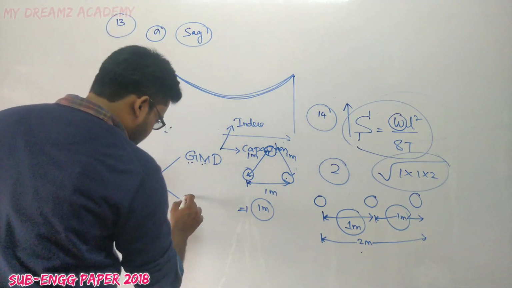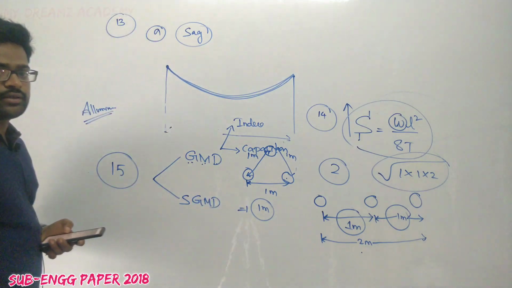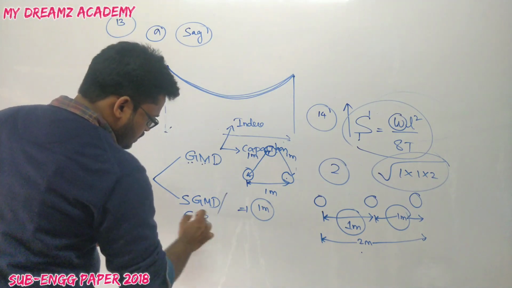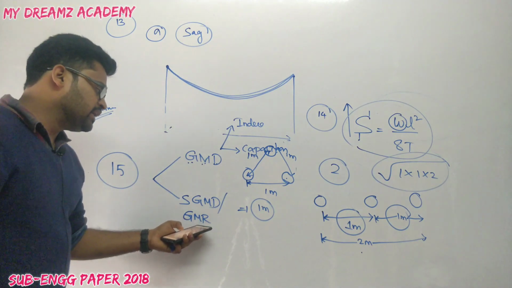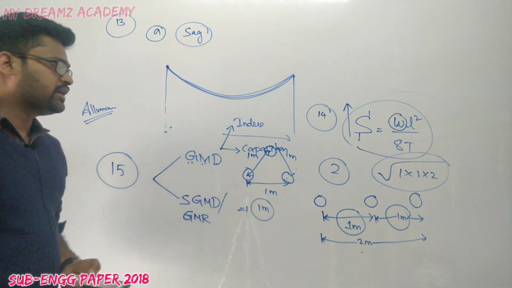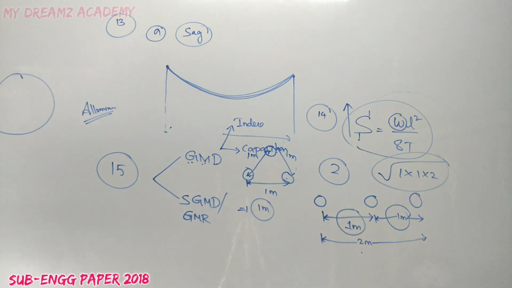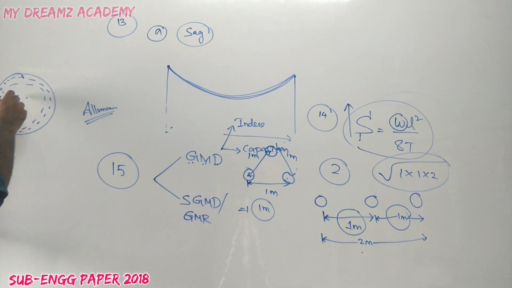Now the next one is self GMD, or GMR. GMR is geometrical mean radius. As we know, if AC current is flowing through the conductor, the current density is high at the surface of the conductor and very low at the center.